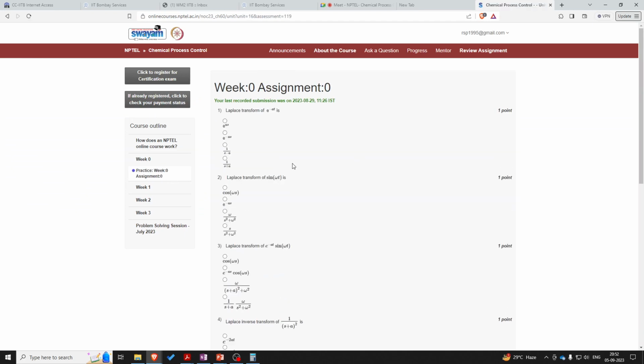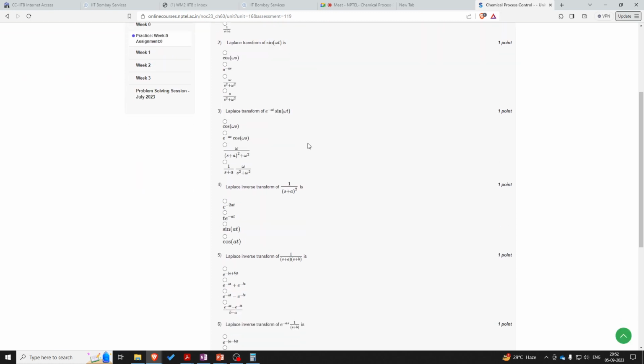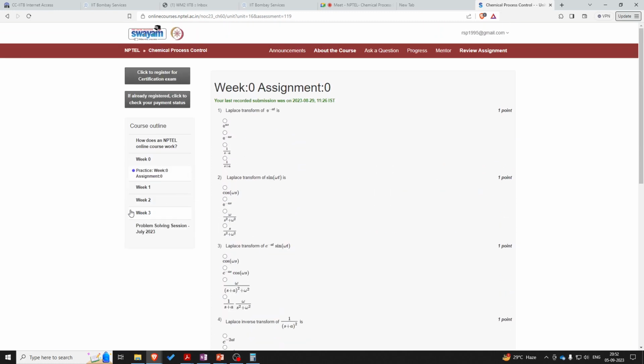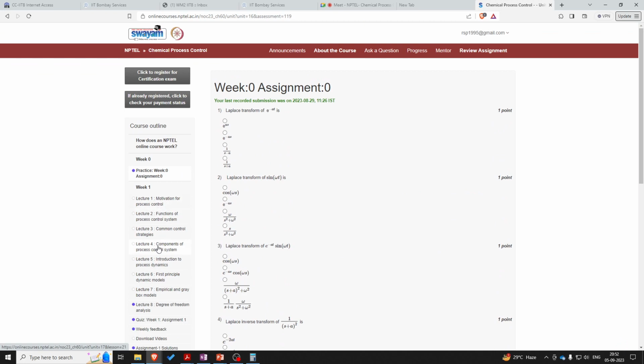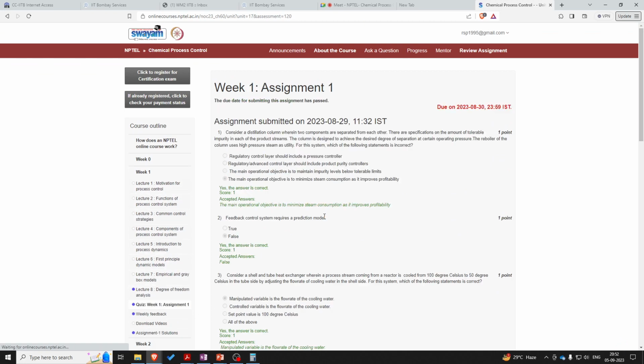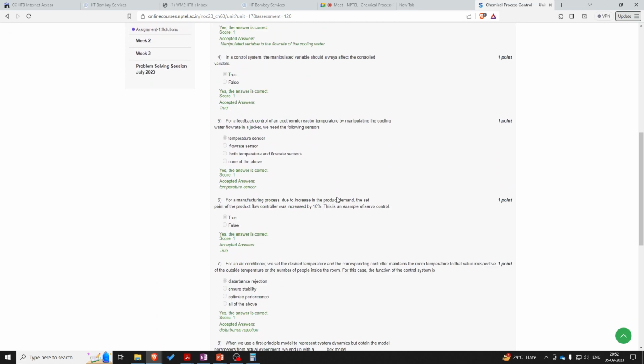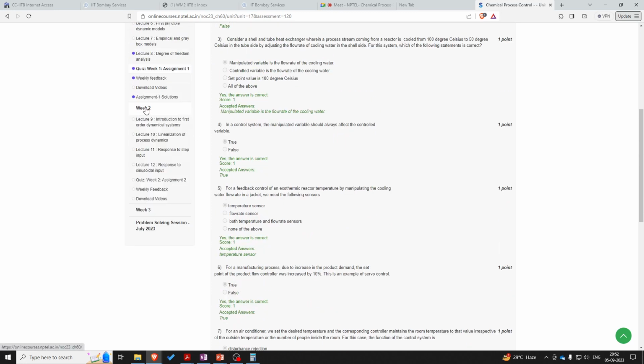So the week 0 assignment was related to Laplace transforms. Week 1 is mostly theoretical, and it deals with process modeling and regulatory control, servo control, then empirical models, and then in week 2 we studied first order dynamical systems.